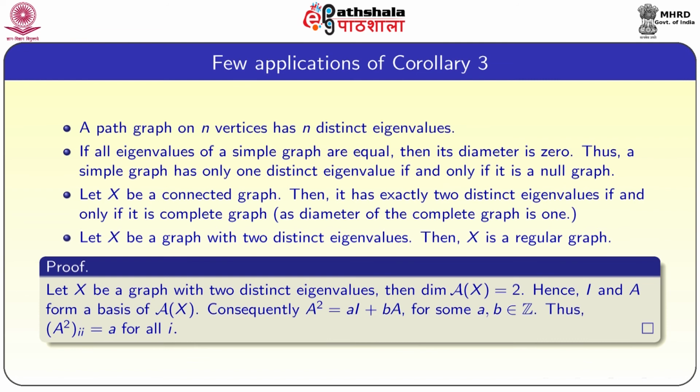Thus, (A squared)_ii is equal to a for all i. That means every diagonal entry of A squared is the same, equal to a. So, that is why it is a regular graph, as we know that the diagonal entry of A squared gives the degree of the vertex.